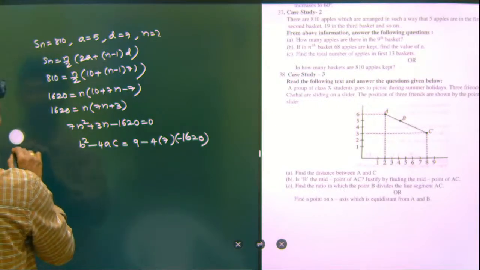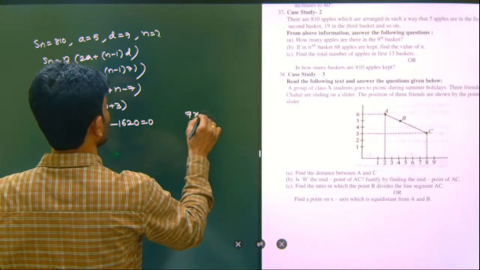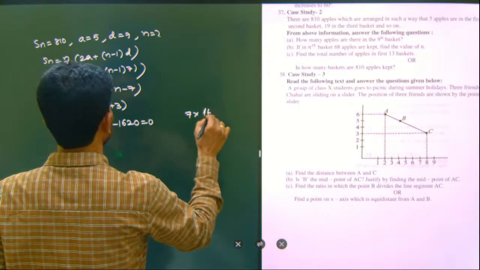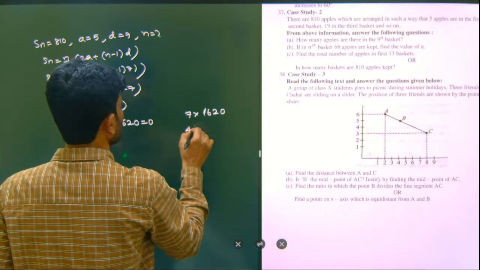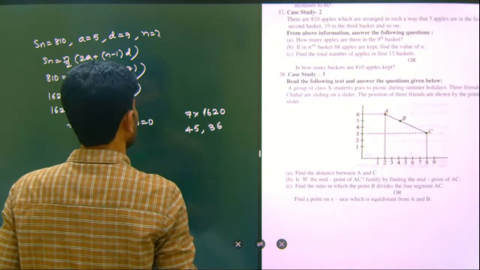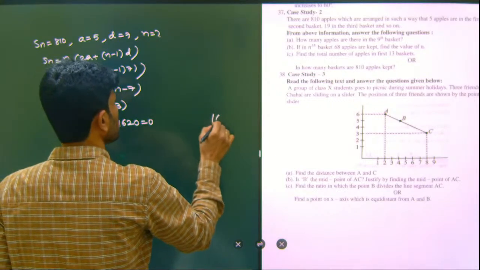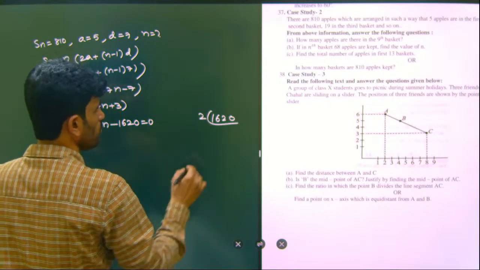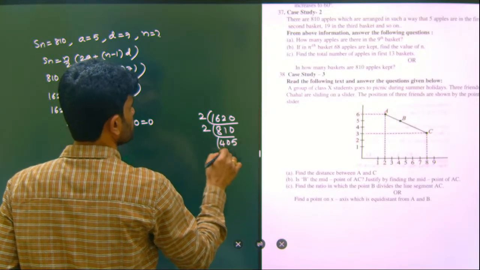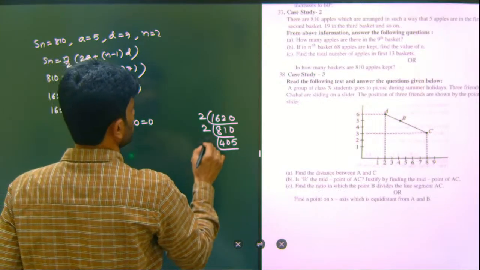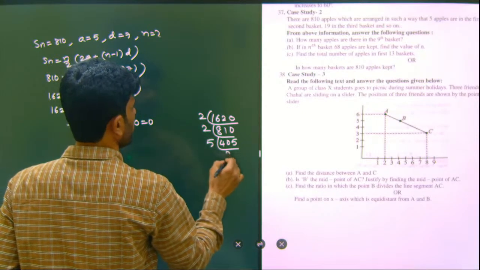Let us do by factorization method only. We have to get the factors of 7 into 1620. Before, we already got factors like 45 and 36 for 1620. Before one time we have factorized, or if you want one more time, 1620 if you factorize: 2 fives are 10, again 2 twos are 4, 405, 3 fives, 5 threes, 81.